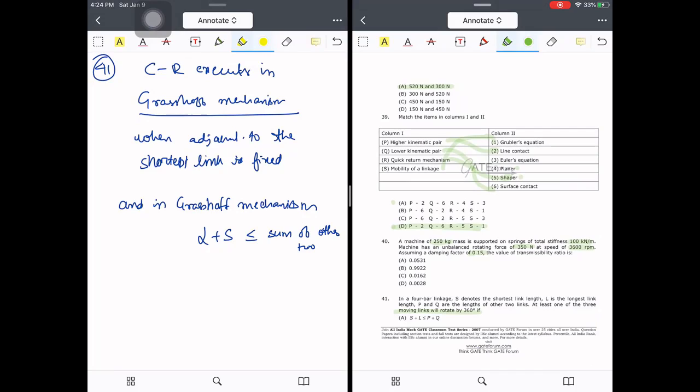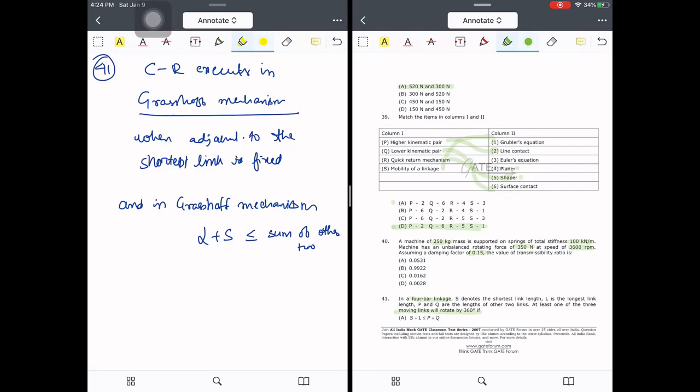As I told you, that means this 4 bar linkage is following Grashof's mechanism of the first type, where it is executing a crank rocker mechanism. At least one means crank rocker mechanism.